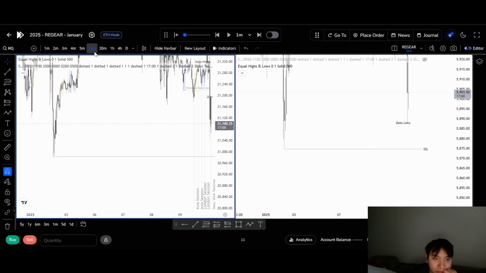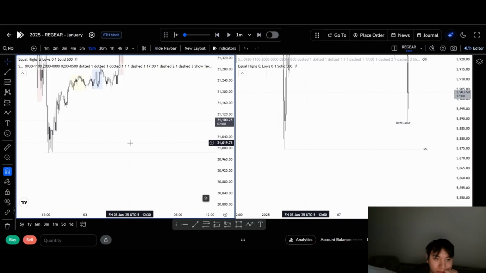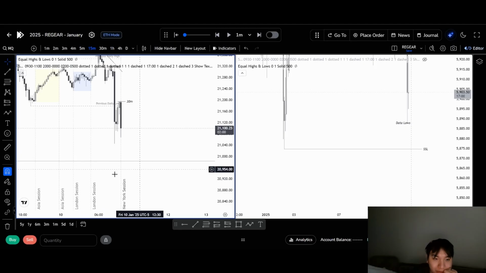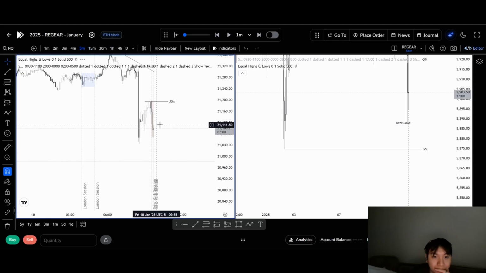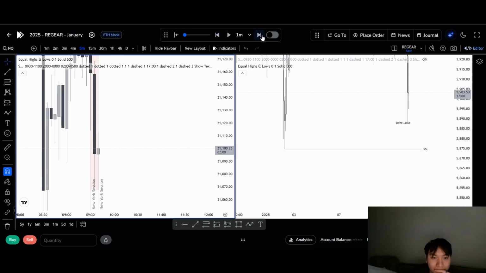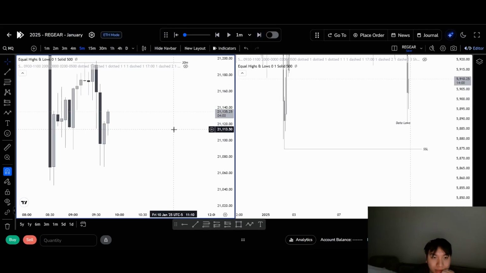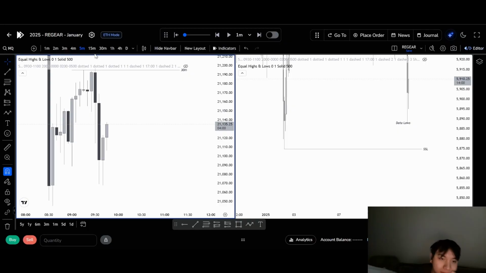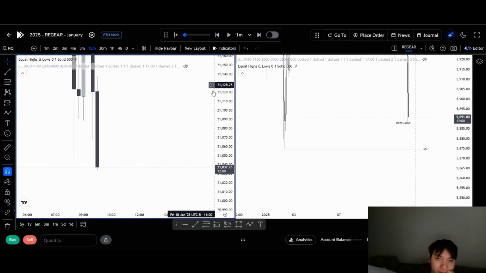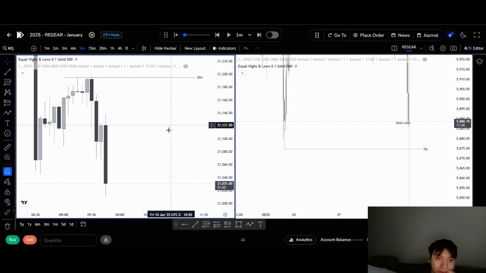Nope. Nope. Okay, cool, so this doesn't mean anything. It's really the sell side that we're going to. And I really just want to see some kind of continuation model going lower.